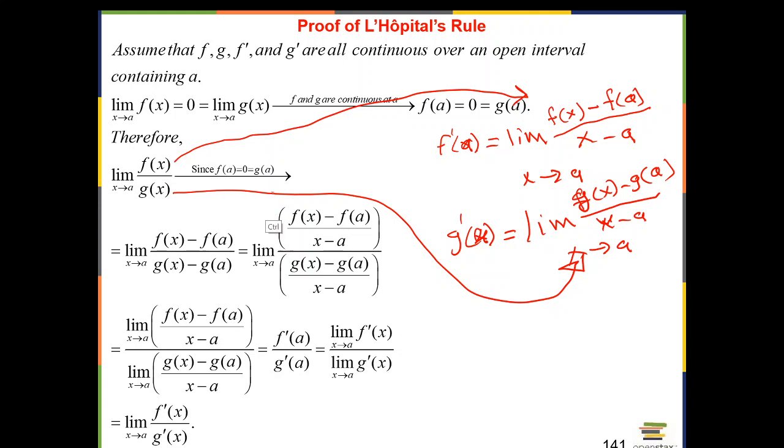And I know since f prime and g prime are also continuous, the limit of f prime of x when x approaches a has to be f prime of a. Why? Because f and g are differentiable, so f prime and g prime are continuous, right? So that means basically we proved what we wanted. And this is the quotient of two limits, which is the limit of the quotient. So we started from here, and we got what we wanted.